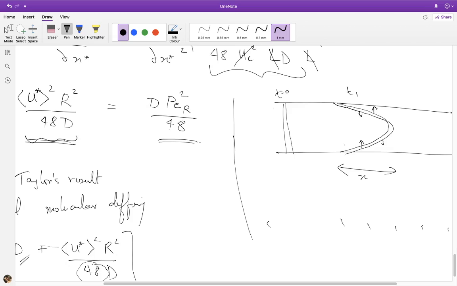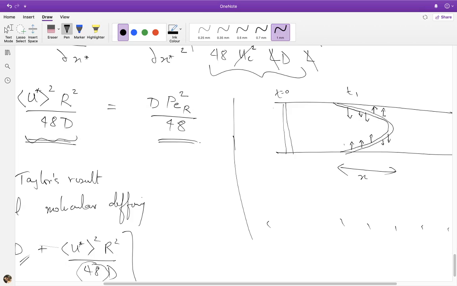So radial diffusion causes material from here to go back down, and material from here to go up. It pulls material in towards the center line and takes material back towards the wall, because diffusion goes from high concentration to low concentration.